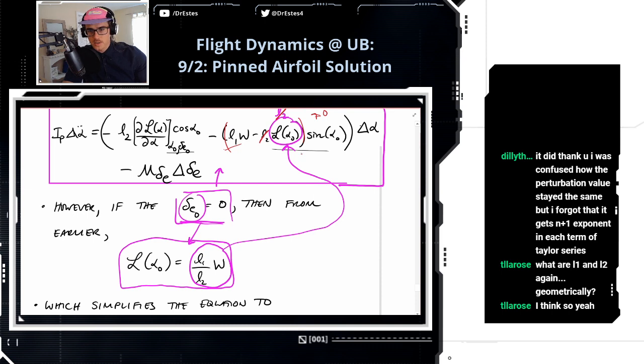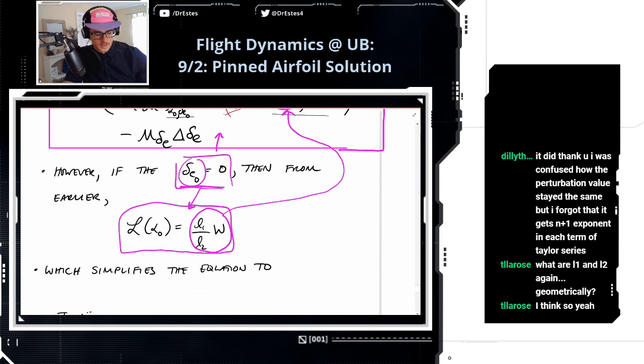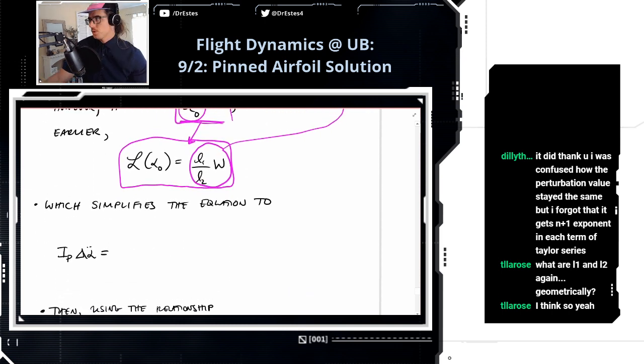Okay, so a bunch of stuff is going to go to 0, and this is going to simplify the equation to, let's write it out.